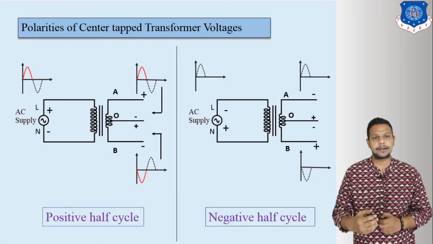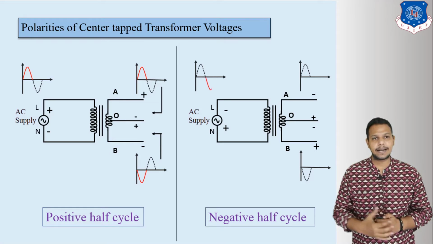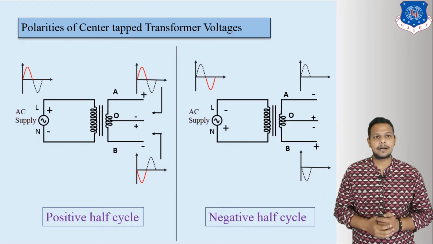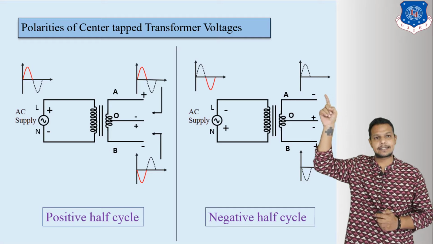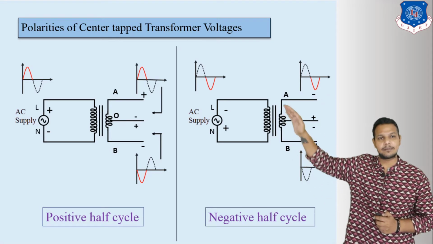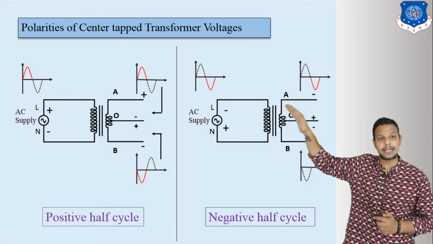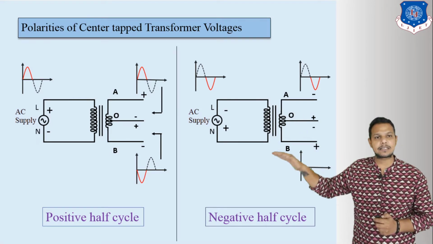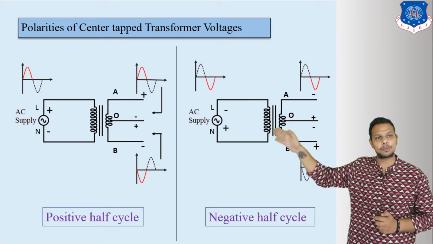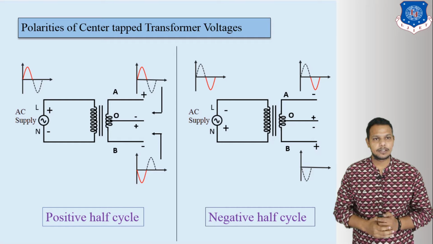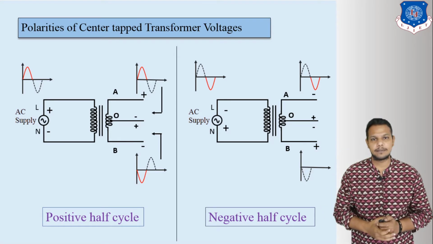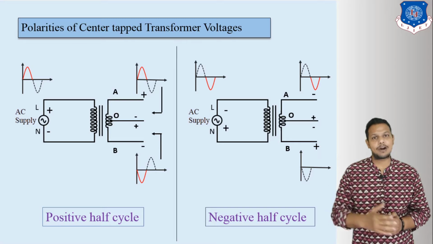If we enter a negative half cycle, we get a negative half cycle at this side, because the polarities are the same. Here we can see the input side is minus and plus, and the output side is also minus and plus. Both polarities are the same, so we get the same at the output side.